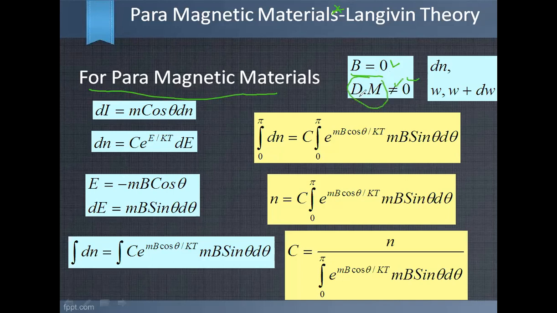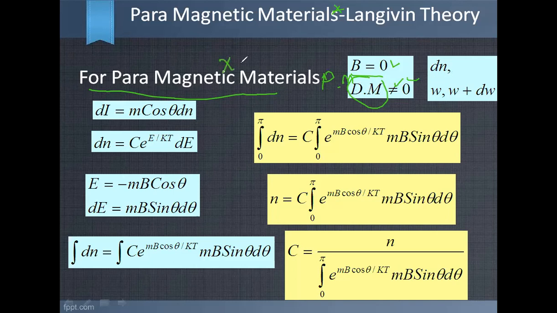B equal to 0 means the external field is equal to 0, but the dipole moment is not equal to 0, whereas in the diamagnetic case it is equal to 0. In paramagnetic materials, we do have a finite magnetic dipole moment. So now, what is our aim?